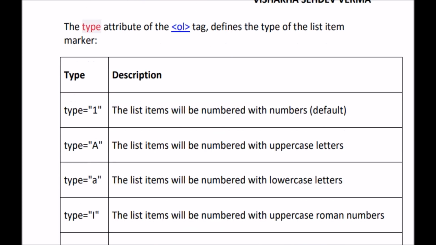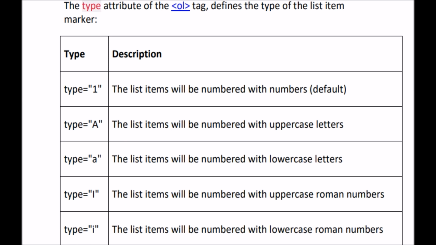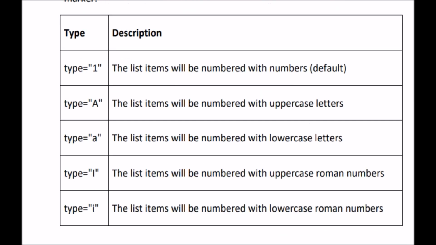So there are different types of ordered list. The first is type 1. If you mention this, it will display the list items starting with numbers, which is the default. If you do not select any type there, by default it will be 1 2 3 4 5 6.